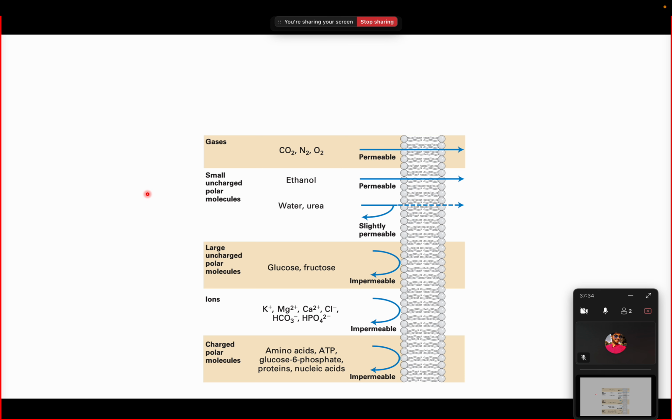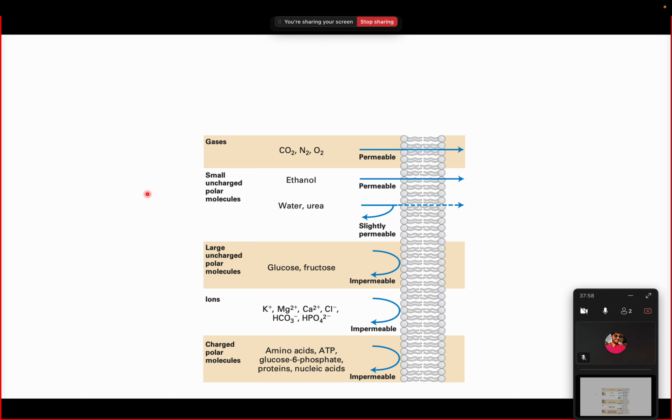So in this figure, what it says is that if a molecule is of gaseous type, such as CO2, N2 or O2, it can easily permeate the bilayer. Hence, they do not require any assistance from proteins for this purpose. And the rate at which gases are passively transported is enough for the cell to sustain.